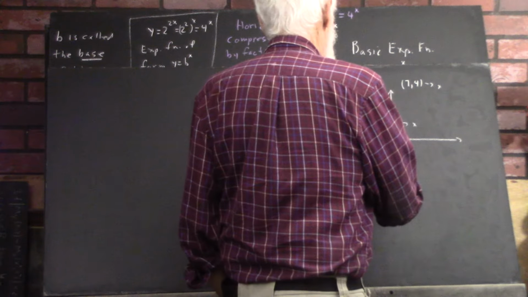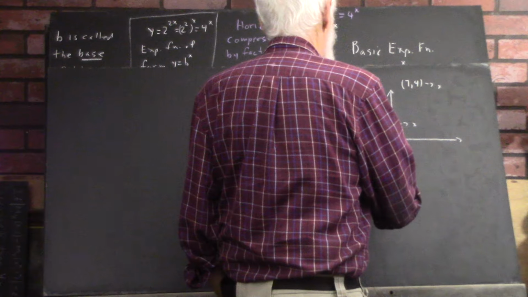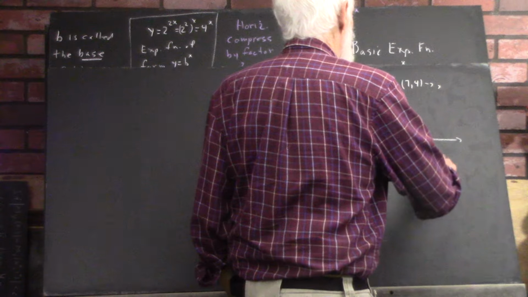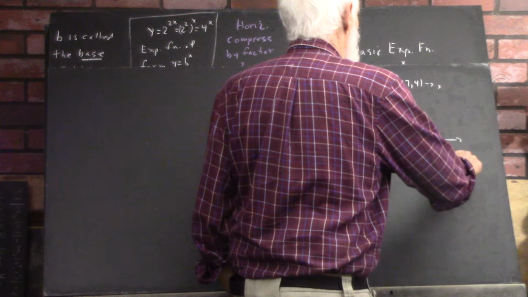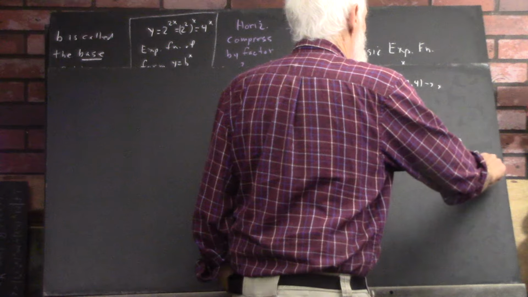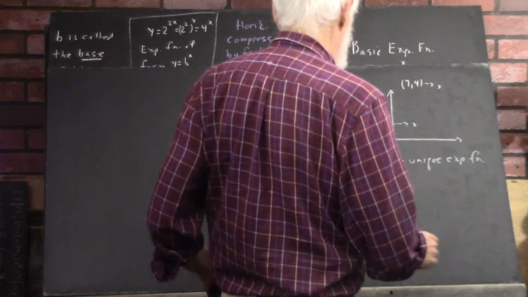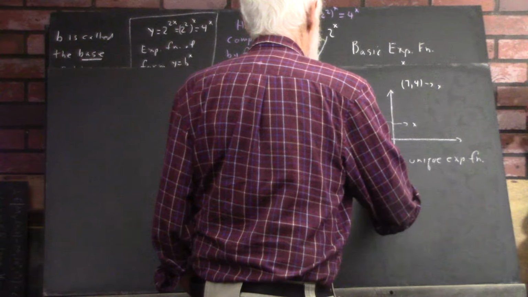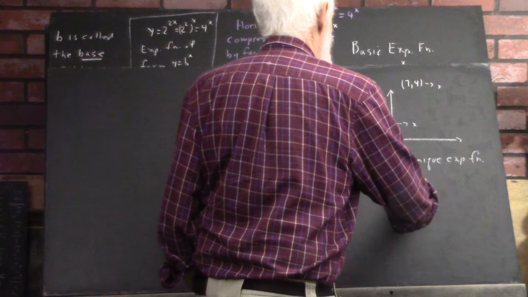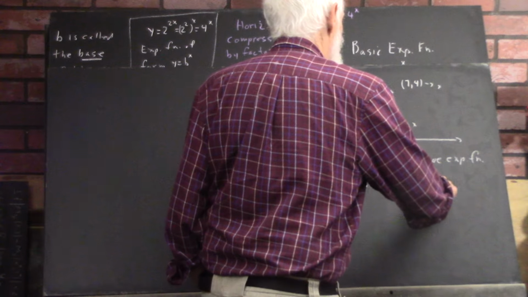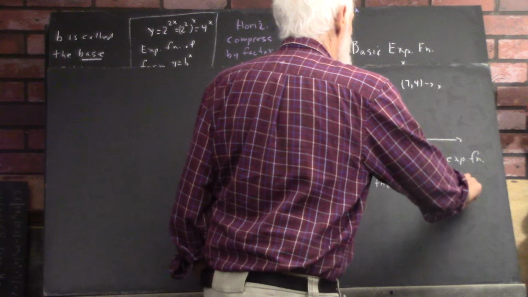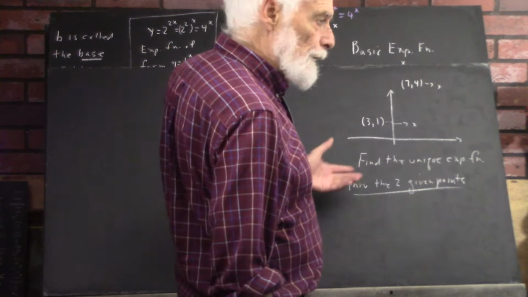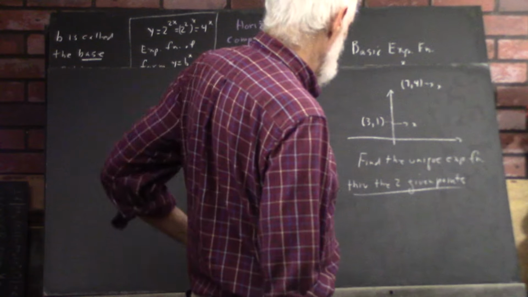Okay, so we want to find the unique exponential function through the two given points. Turns out that's actually pretty easy to do.